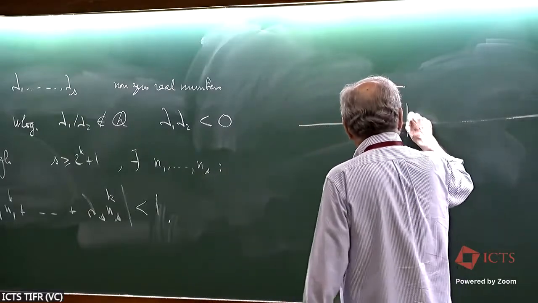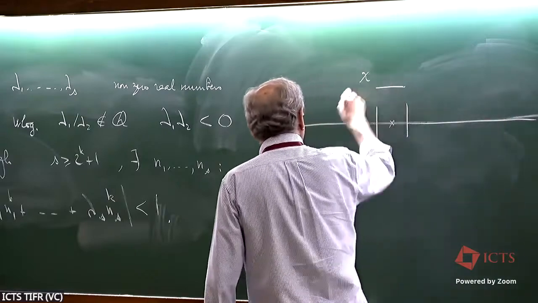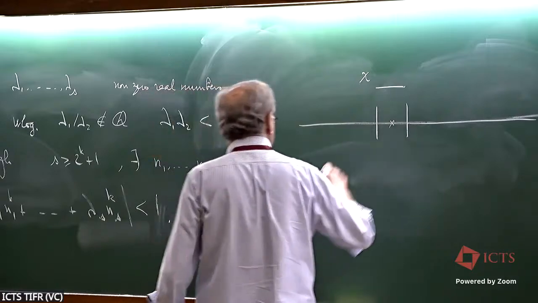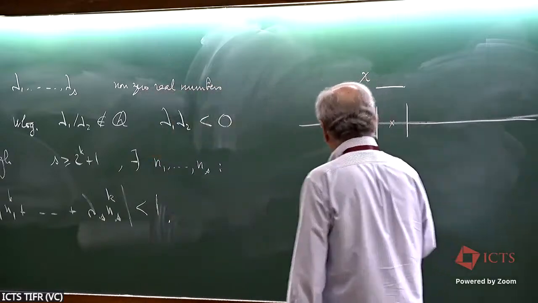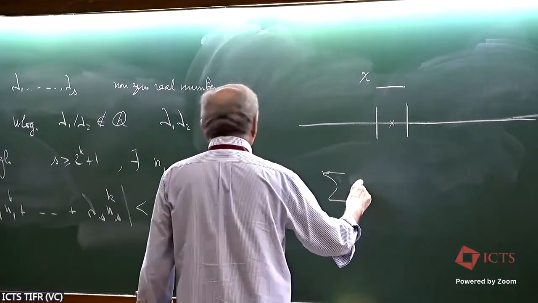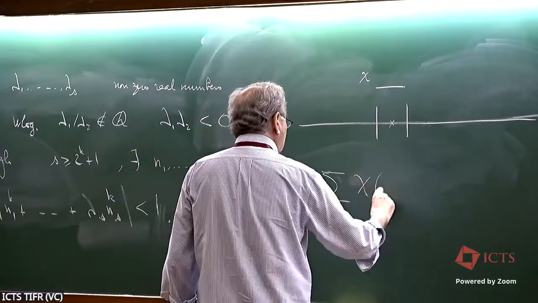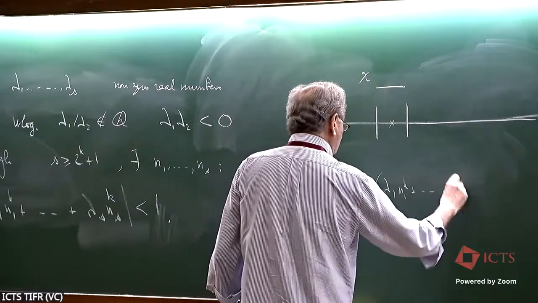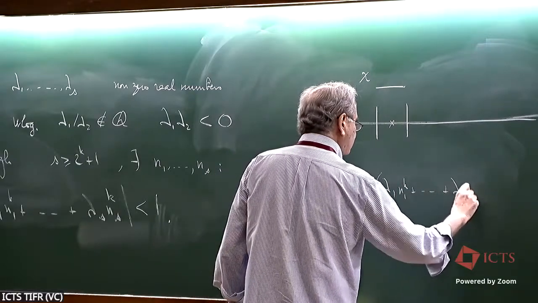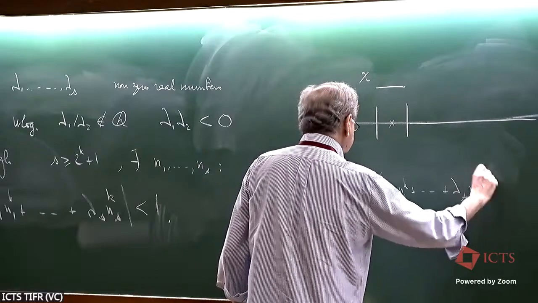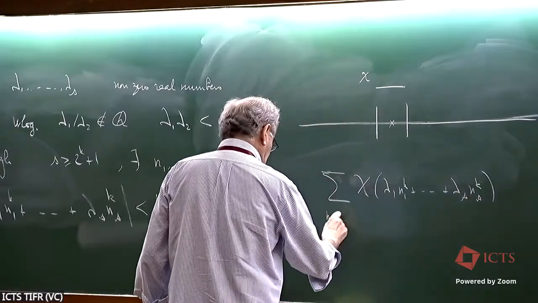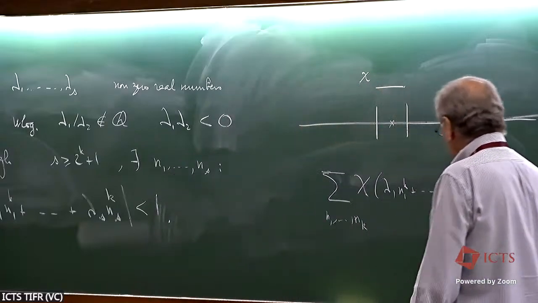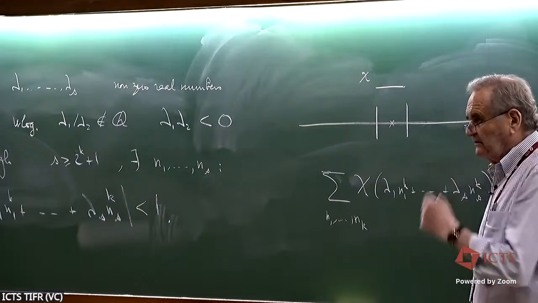So you make this characteristic function, let us say chi, and you are counting the number of solutions for which chi takes the value 1. So you are summing the value of lambda 1 n1^k plus ... plus lambda s ns^k over your set of n1 to ns. Okay, and you expand into Fourier series.